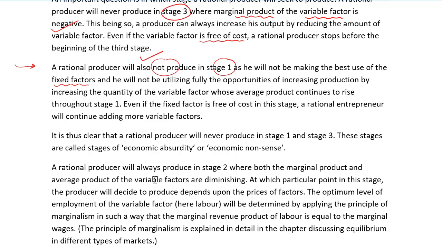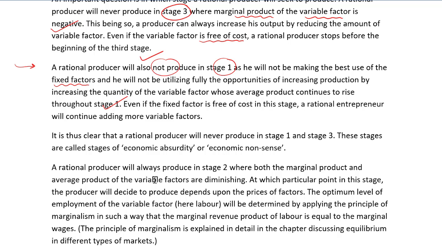So he will not be utilizing fully the opportunities of increasing production by increasing the quantity of variable factor, whose average product continues to rise throughout stage 1. And why is the average product rising, why is the marginal product rising, why is the total product rising? Because the optimum combination between the fixed and variable factor is not achieved during stage 1, and that is why the total, marginal and average product are rising.